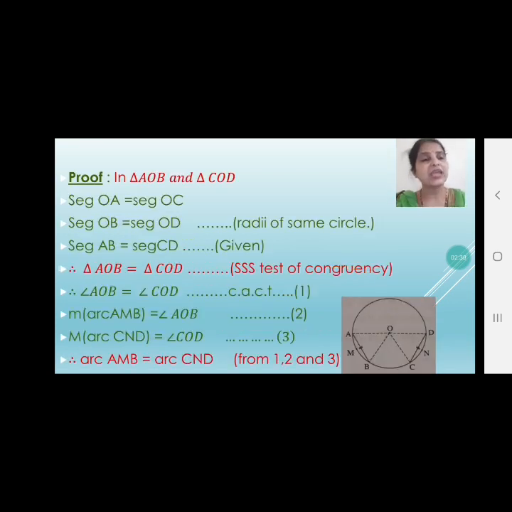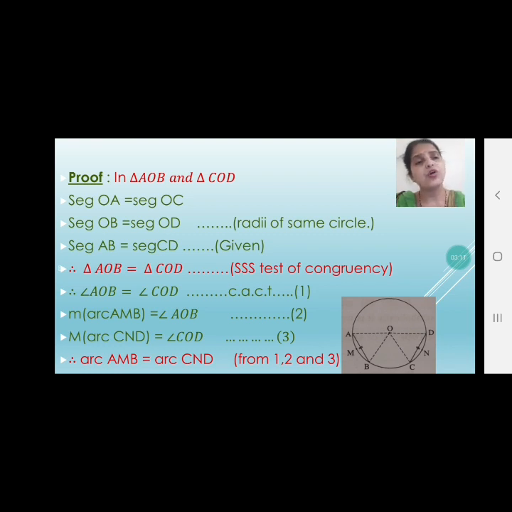So we get a triangle over here, that is AOB and triangle COD. Now what is equal over here? AO is equal to OC, BO is equal to DO, radii of same circle. AB is equal to CD given. So triangle AOB is congruent to triangle COD by SSS test of congruency.